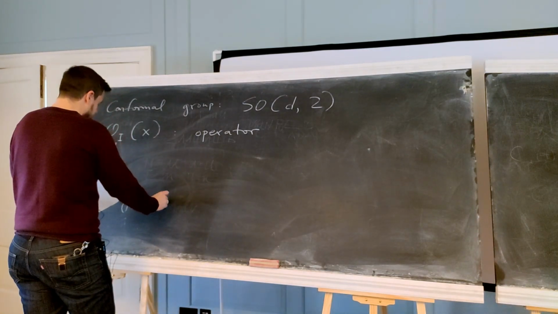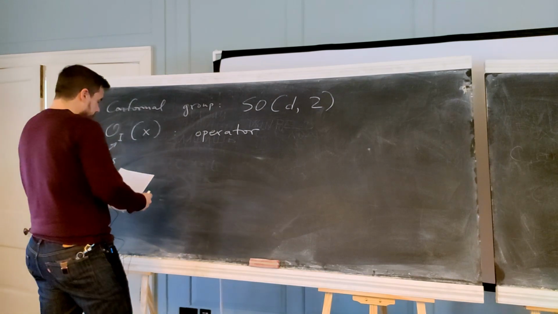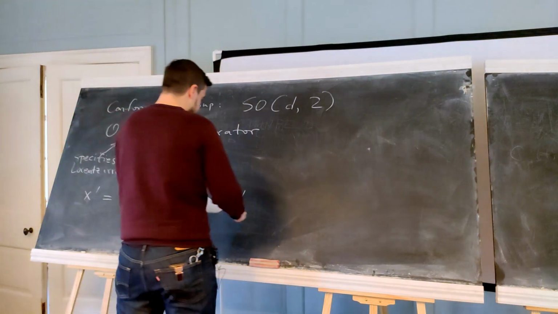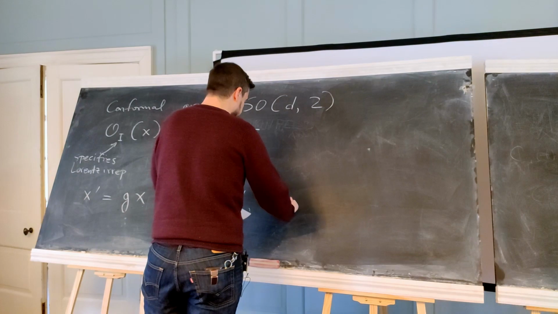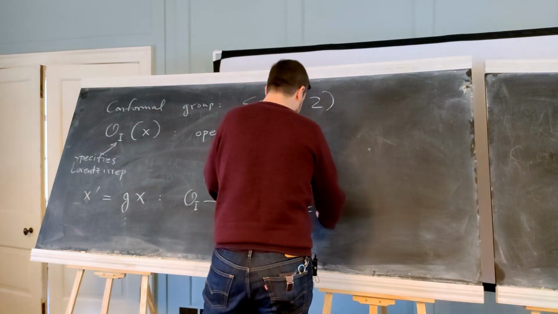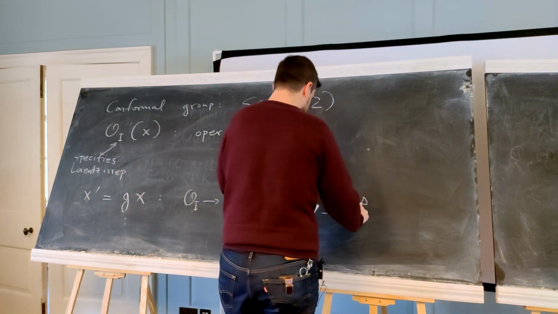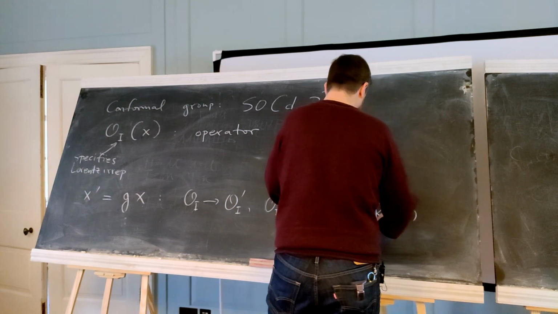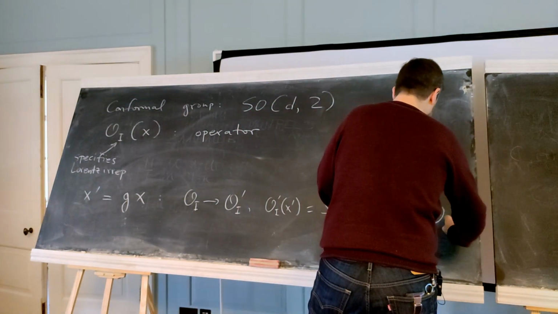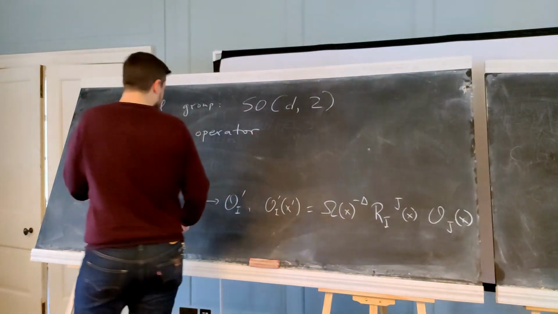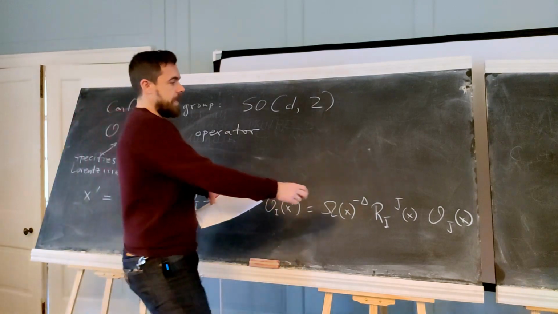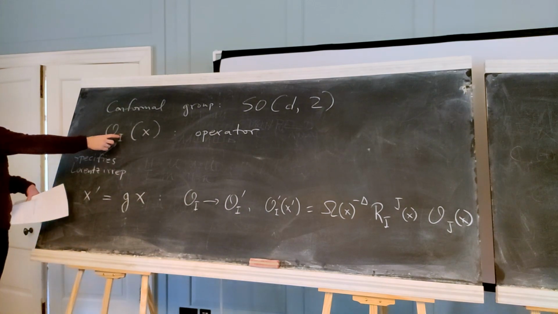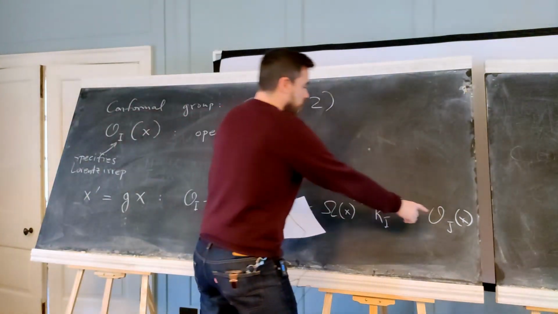Then there are some operators, O_I, that go to some O_I prime, such that O_I prime at the new point is given by some function omega of x to the power minus delta, times some rotation matrix, which is decided based on what irreducible representation of the Lorentz group this operator transforms under, times the operator at the old point.